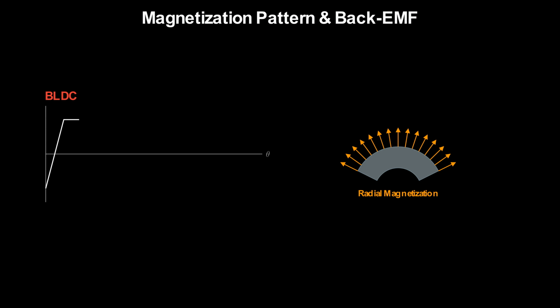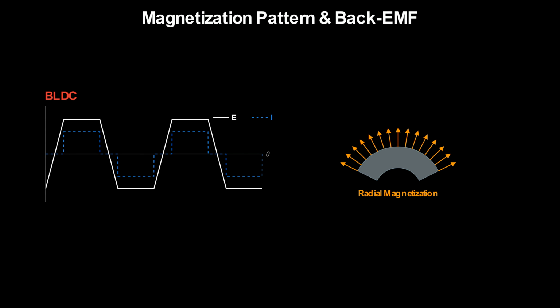Next up, let's take a look at back-EMF. The back-EMF of a motor varies depending on how the permanent magnets are arranged during the design process. In BLDC motors, the magnets are radially magnetized, which results in a trapezoidal waveform.